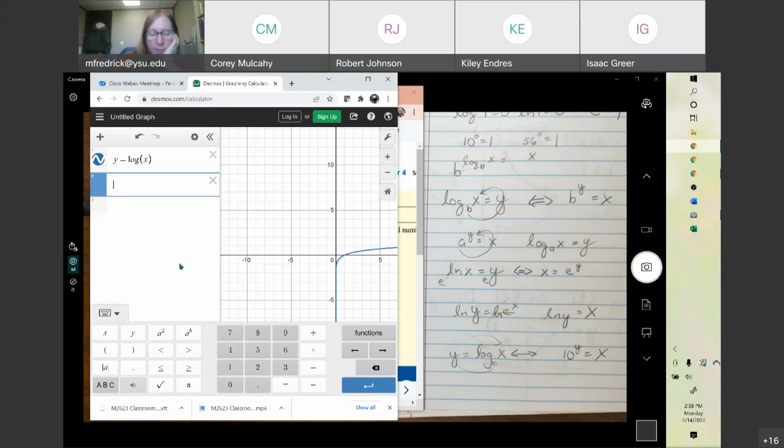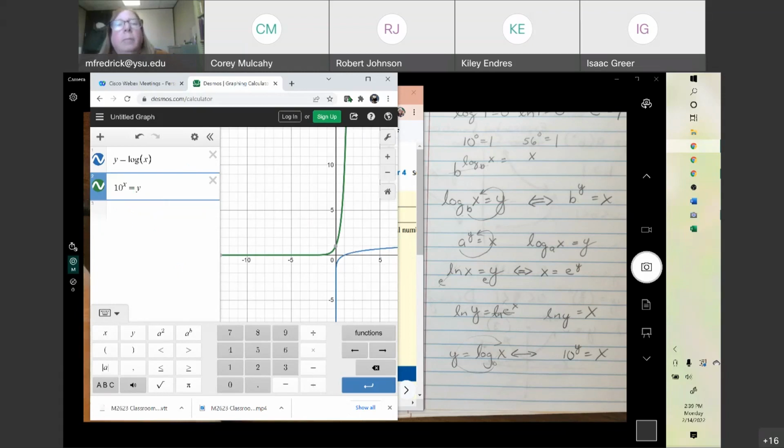Now if we graph 10 to the y equals x, oops. Yeah, you have to switch the variables.